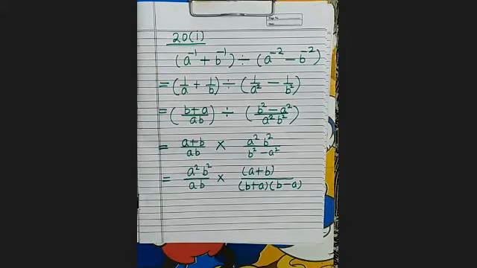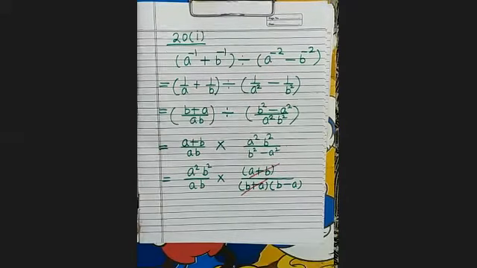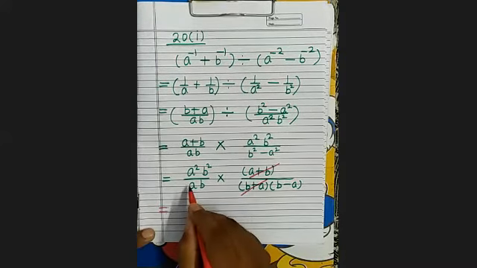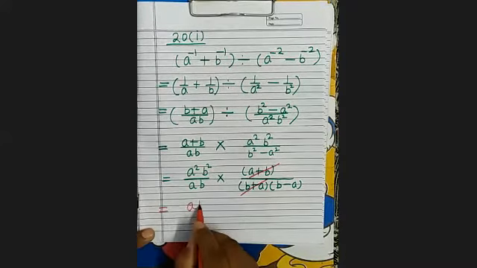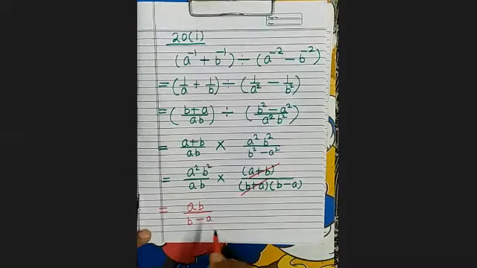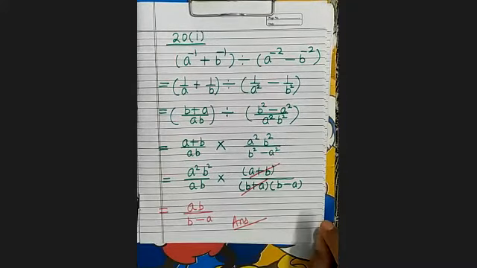When you factorize, b plus a and a plus b cancel, and one power is cancelled. So what will you get? You will get ab, and in the denominator you will get b minus a. This is the answer. You can see it.